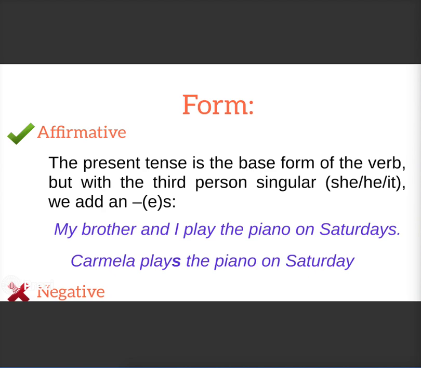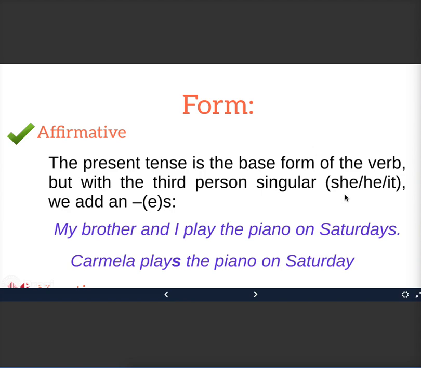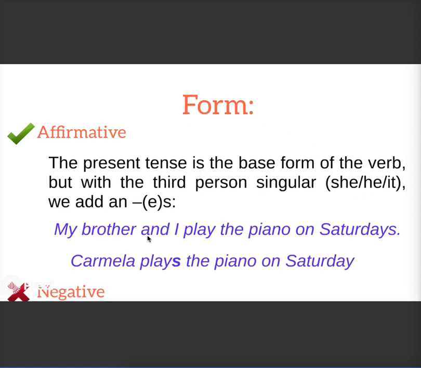So, yes, as Juandi and Nico said, it is important, guys, to be careful with the structure. Entonces, miremos, por ejemplo, esto. My brother and I play the piano on Saturdays. So, you have a specific time because this is not a daily routine, but a routine. This is a habit, but these are two people, my brother and I. What happened here?